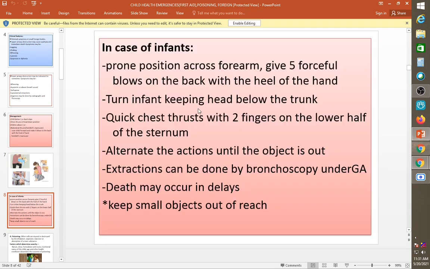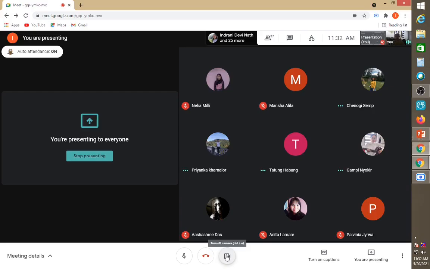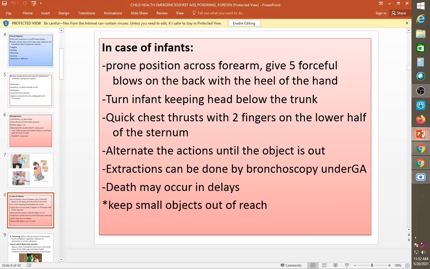Since it is an online class, I don't know how much I can tell you. So prone position, you know what a prone position is, right? So I'll show you. The child is kept in prone position, and whoever is giving care keeps the child in prone position opposite, and then what is done?